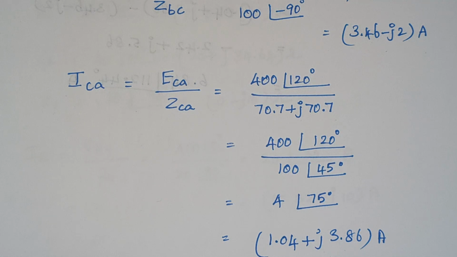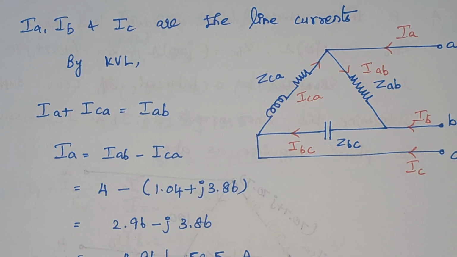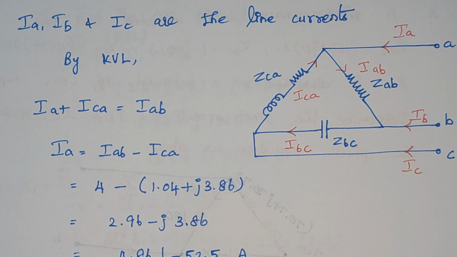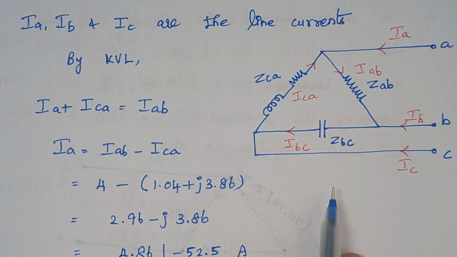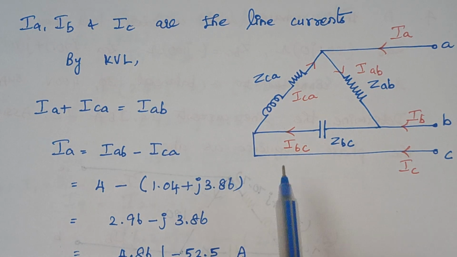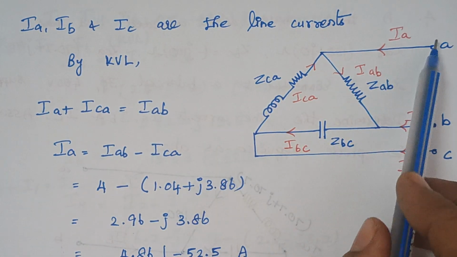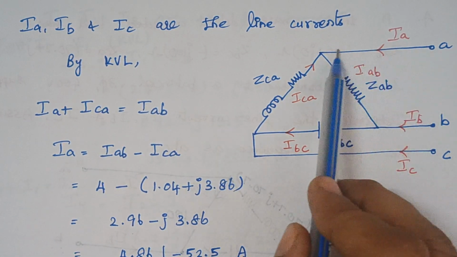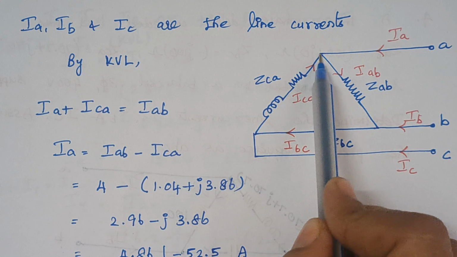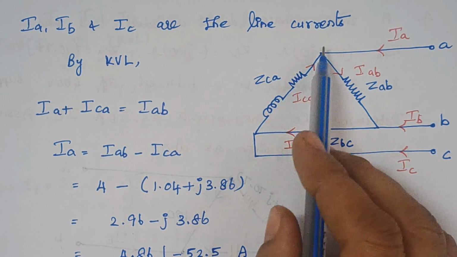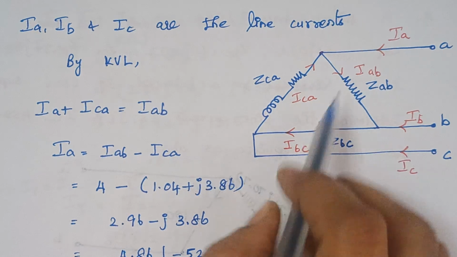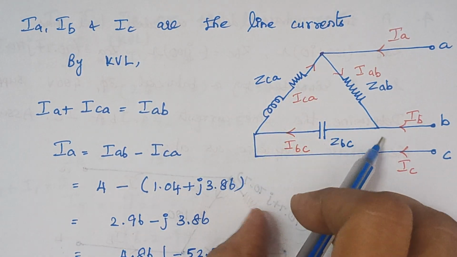Now we are going to find the value of line currents IA, IB and IC. Here again we apply Kirchhoff's current law. You see here IA is the current that flows towards the junction, and similarly ICA is also flowing towards this junction, and IAB is the current that moves away.